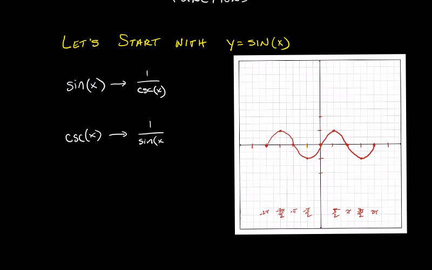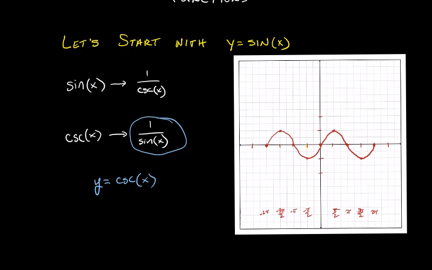And so they are reciprocals of one another. And so when you take a look at this, I want to focus my attention on this one. Cosecant is 1 over sine of x. So as we sketch y equals cosecant of x, we're going to actually use the graph of sine to do this.